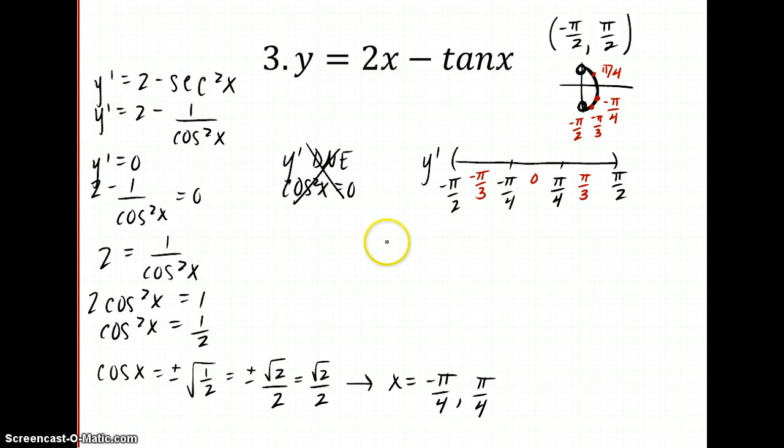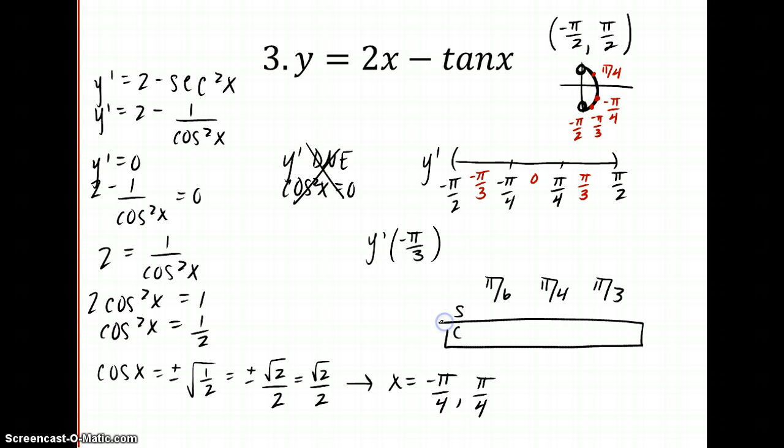Okay, so back into the derivative. Y prime of negative pi over 3, the cosine, so 2 minus the reciprocal of 1/2 is 2, square that is 4, so it gives us a negative interval here.